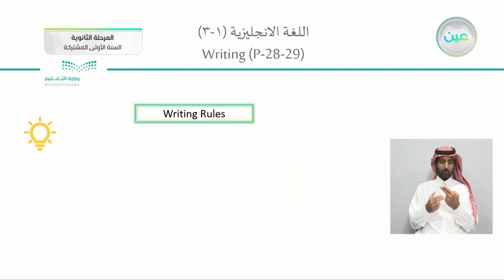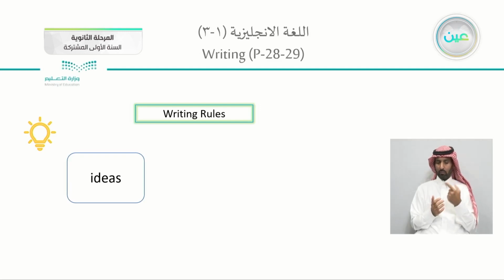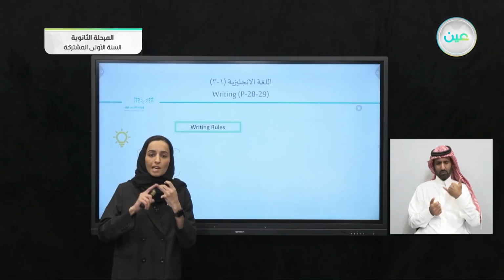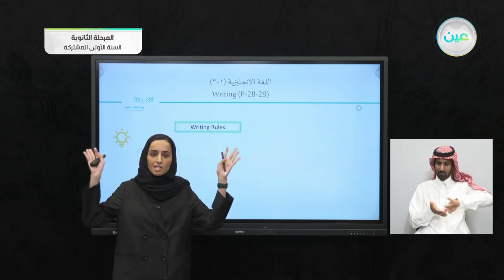Let's start with the what. At the beginning, speaking about the writing rules, as a reminder for you, what are the writing rules? In the editing part, we're speaking about your ideas. Always make sure that all the ideas are related. Anything that is not interesting, not reliable, not related, just take it out.